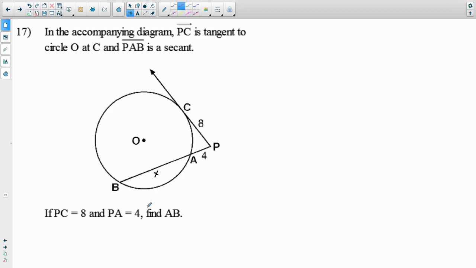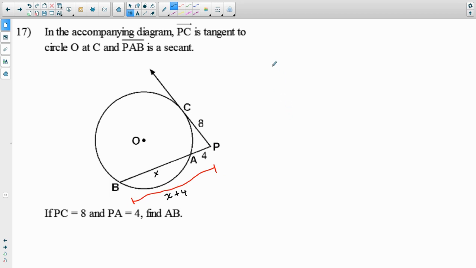But then you have to realize that that x is not a part of your theorem, and the whole secant is. And then the representation of the whole secant will be your x plus your 4, right? Your x plus your 4, because it's this part plus this part would make the whole.